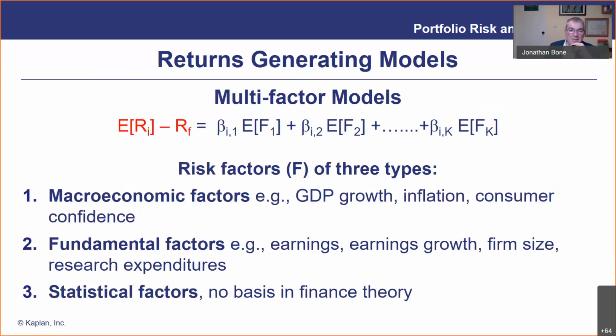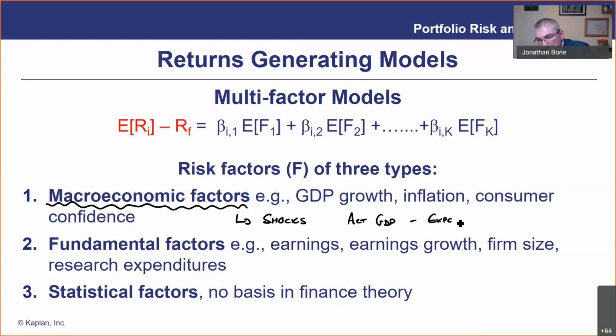Now, there are many different types of multi-factor models. Macroeconomic factor models use macroeconomic variables, or in fact, typically they use shocks to macroeconomic variables. So actual GDP growth, for example, compared to expected, and that would be our factor.